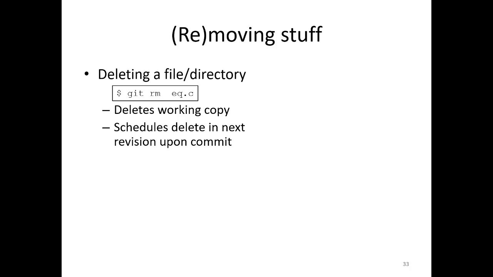So if I want to make Git aware that I want to remove that file, I should use git rm, git remove, in order to do that. A few things will happen on a git remove. The working copy of that file will be deleted. Okay, that's good, that's what we want. But also a delete is scheduled for the next commit. So a deletion is staged.